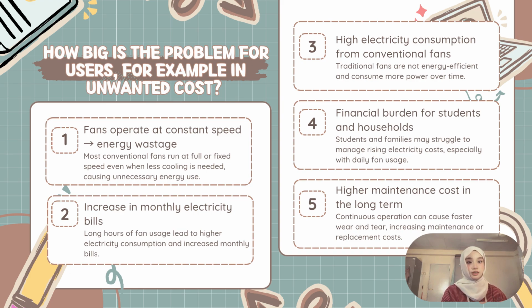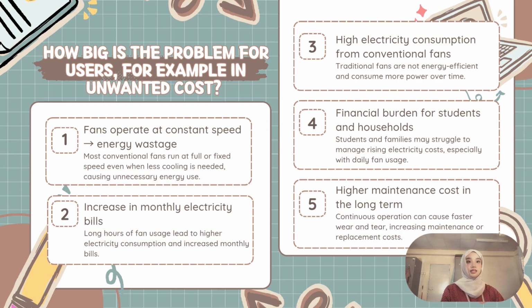For the fourth question, the problem is actually quite big for users. Most conventional fans use electricity continuously at a fixed speed, even when full cooling is not necessary. For example, students at dorms or families at home often leave the fan running for many hours, especially at night.